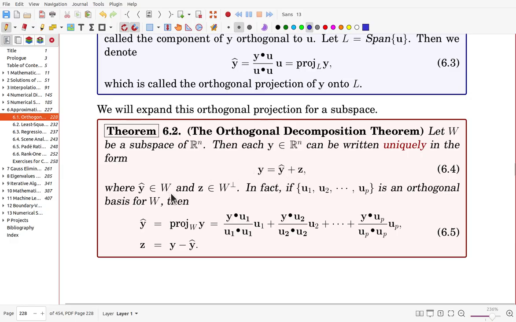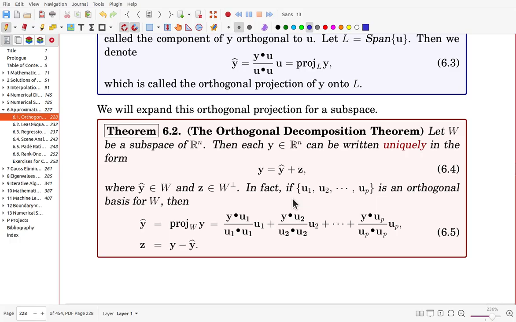Y hat is in the space W, and z is in the orthogonal complement, called W perpendicular, or W perp. That means z is orthogonal to every vector in W. So we have a decomposition: one part is in W, the other is orthogonal to every vector in W.